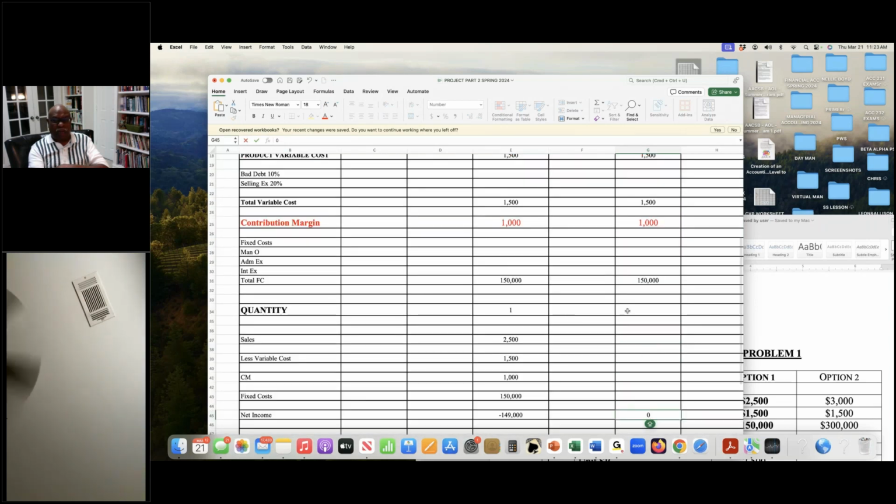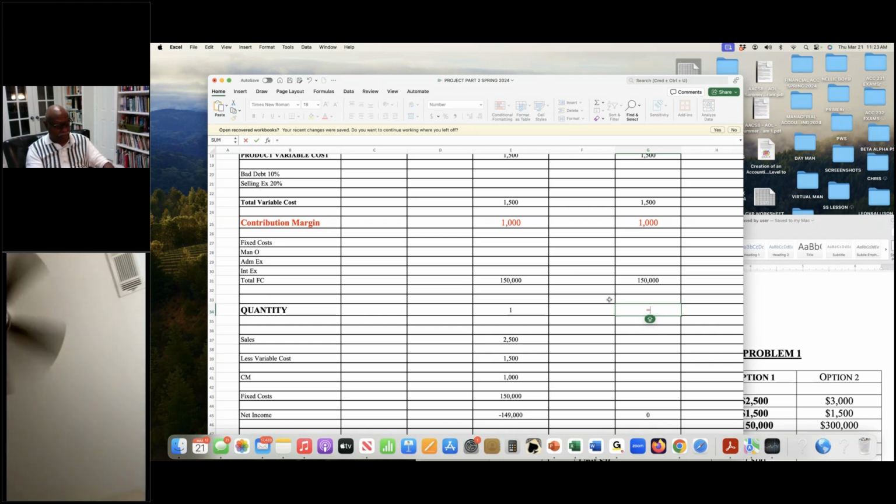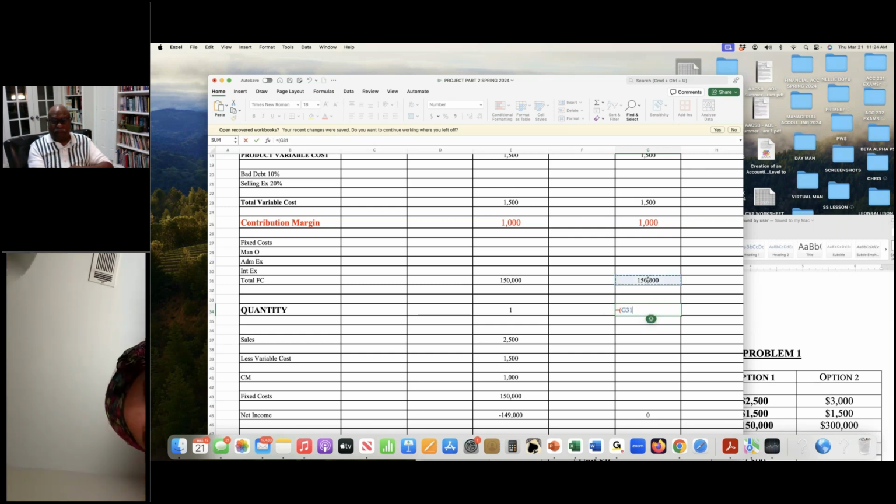Because I'm working with an Excel spreadsheet, I'm going to put in a formula. I'm going to put in equal, and I'm going to put a parentheses in. Then I'm going to click on the fixed cost. I'm going to divide that by what? The contribution margin. Then I'm going to close my parentheses.